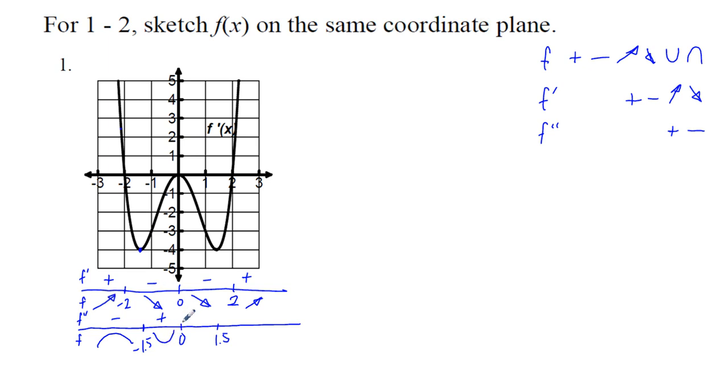Between 0 and 1.5, f prime is decreasing again, so we are concave down on this interval. And greater than 1.5, f prime is increasing, so the graph of the function f is concave up.